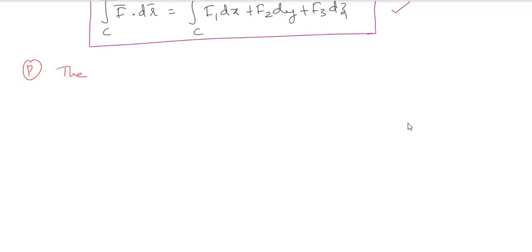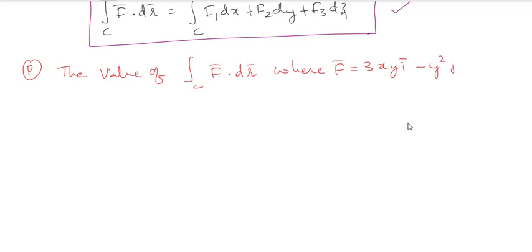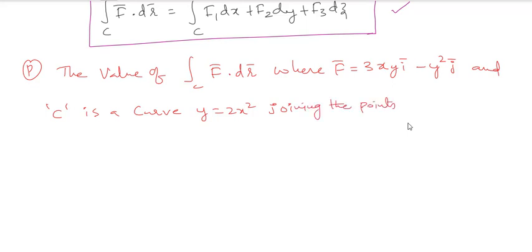The value of the integral over C of f bar dot dr bar, where f bar is equivalent to 3xy i bar minus y square z bar, and C is a curve y is equivalent to 2x square, joining the points (0, 0) and (1, 2).